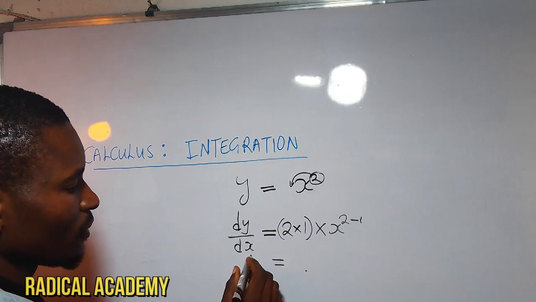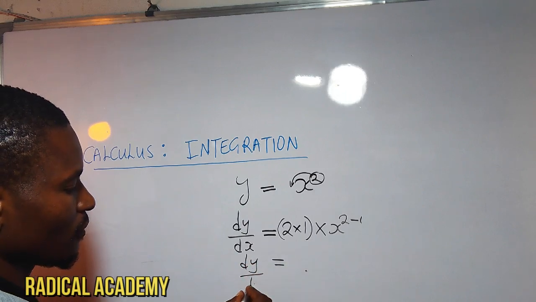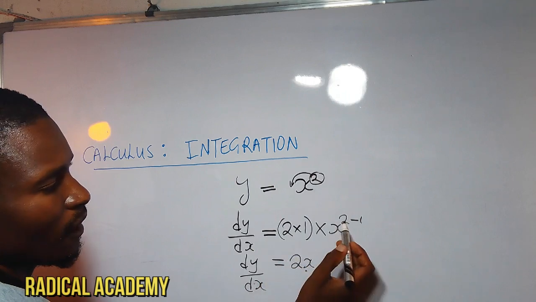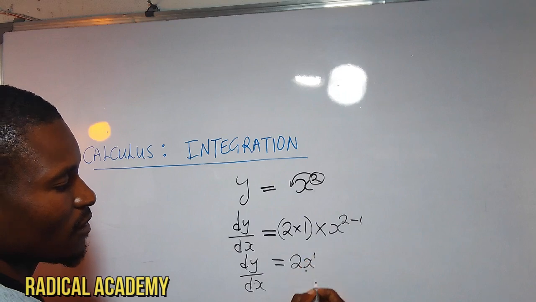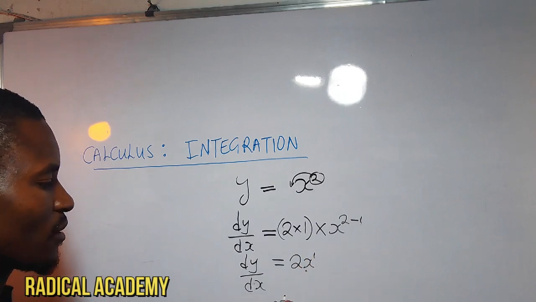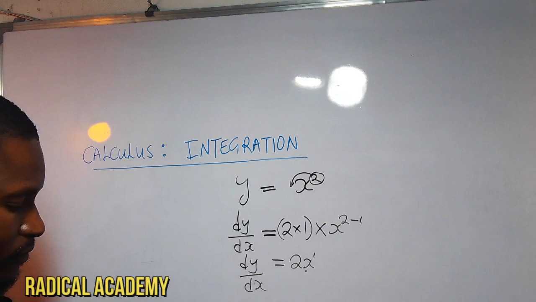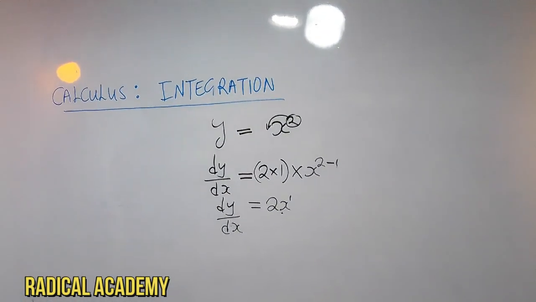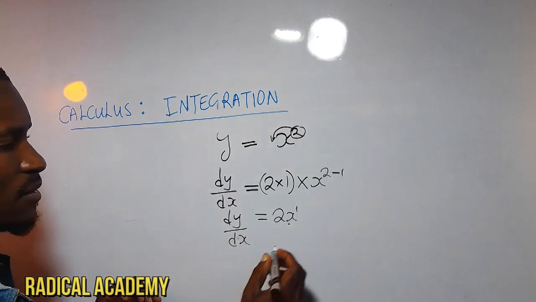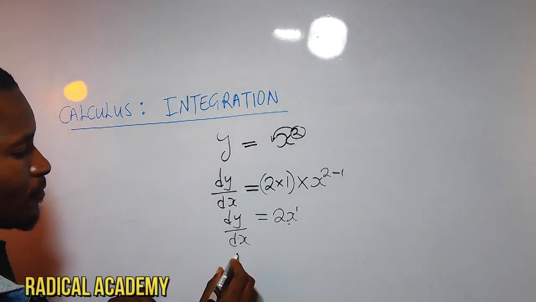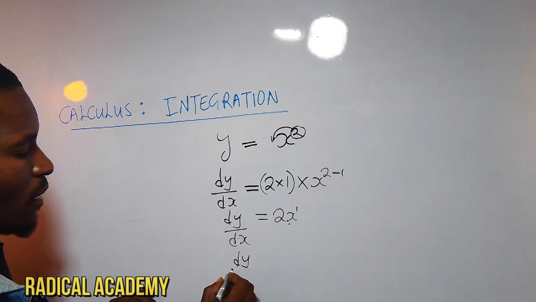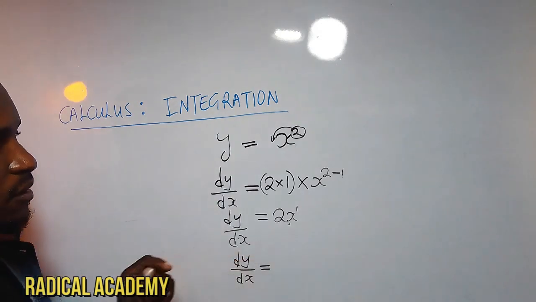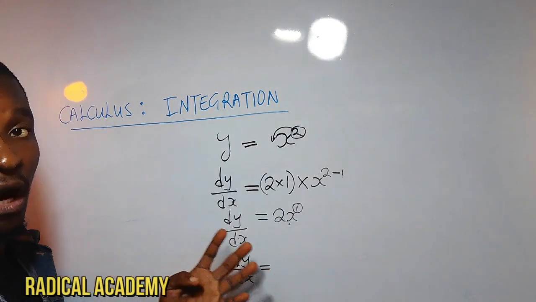Therefore, dy/dx equals 2x, and 2 minus 1 is just 1. So now the power is 1.